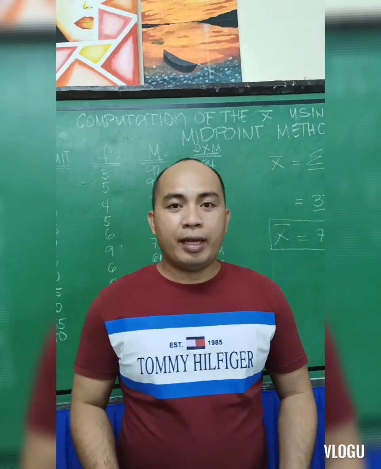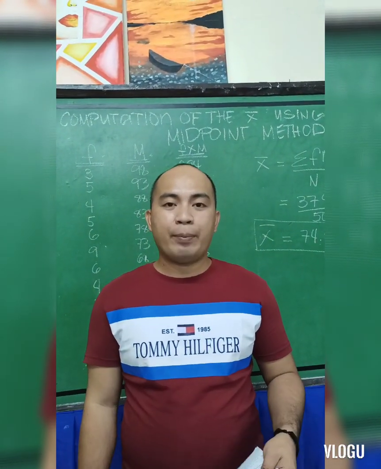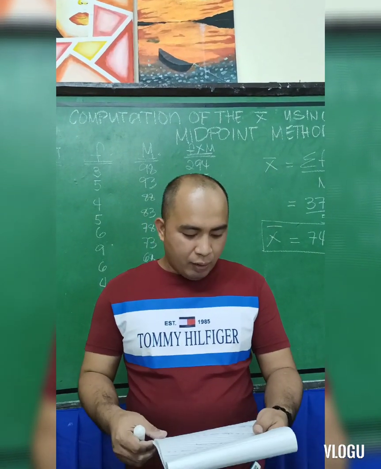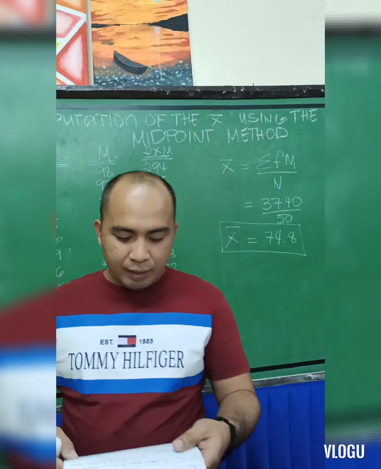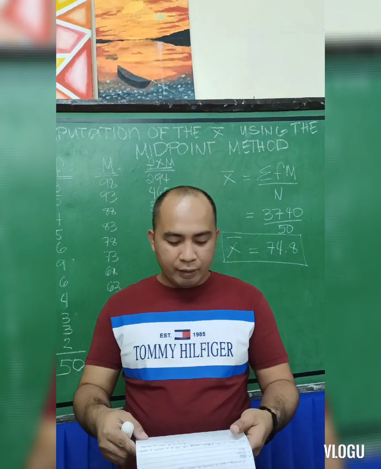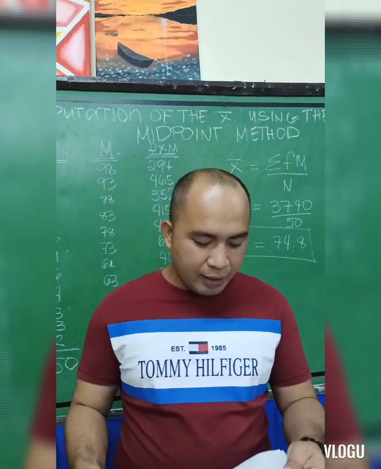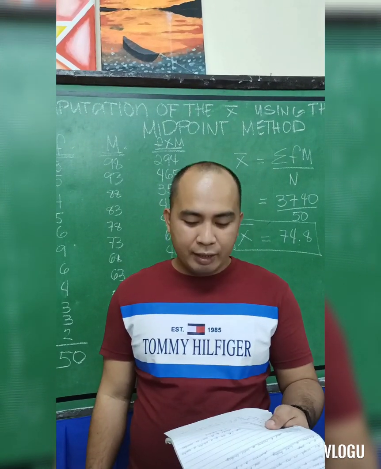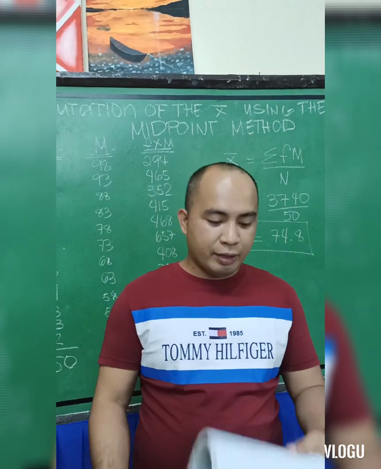Okay, so let's focus now on my topic, which is the mean from group data. If we say mean from group data, it is data that is grouped together in different categories, or it is the process of finding the average of a set of data that are grouped together in different categories.